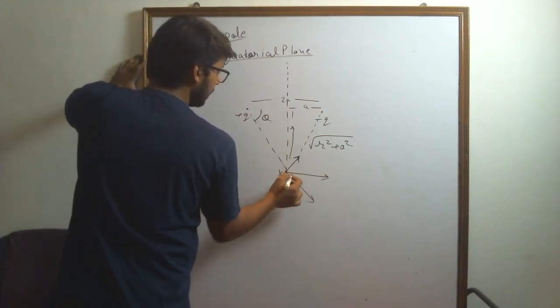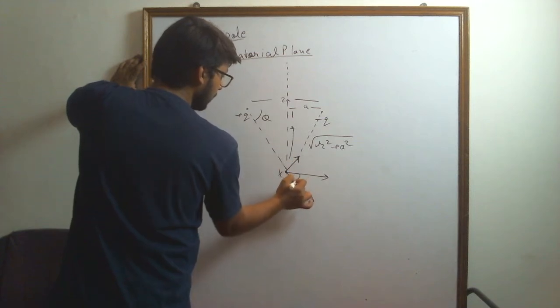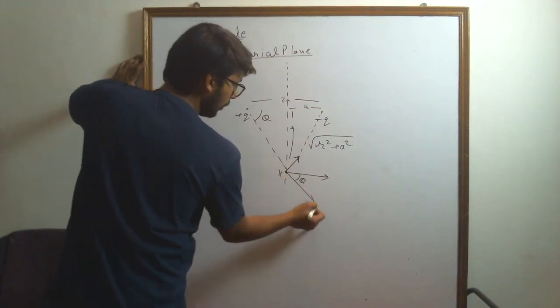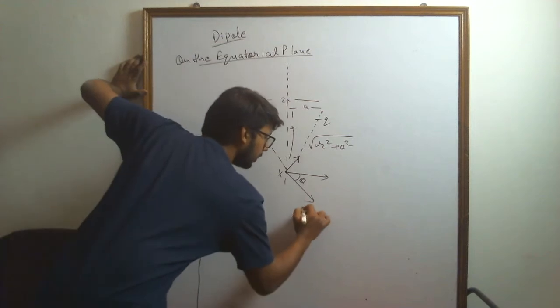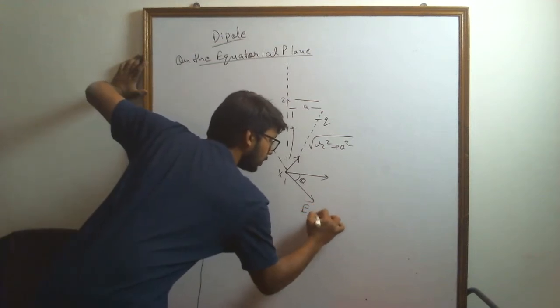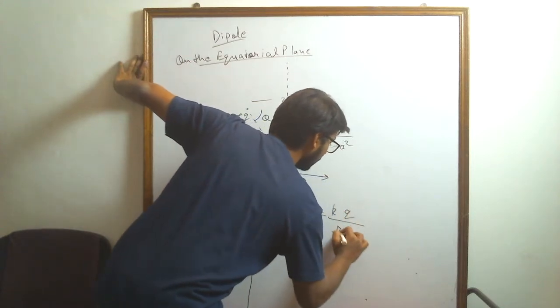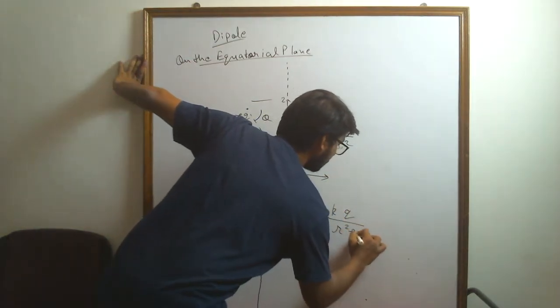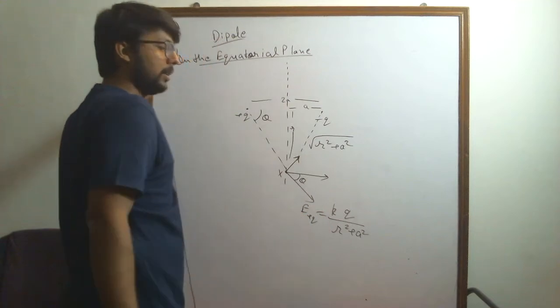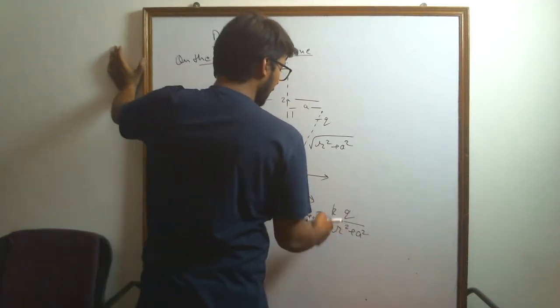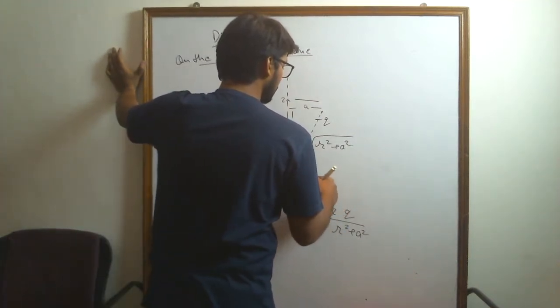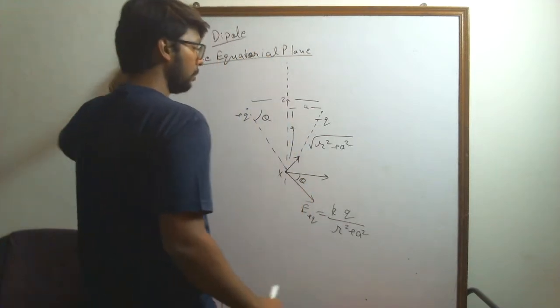To find out the magnitude, again we will just have to take the cos theta. Why cos theta? Because this is theta. So the magnitude over here, E of plus Q, equals KQ upon R square plus A square. This will be the electric field over here, and I will just have to take the cos theta, and then I will be adding both of them up.